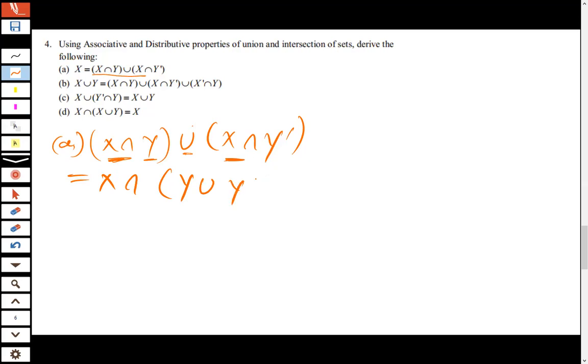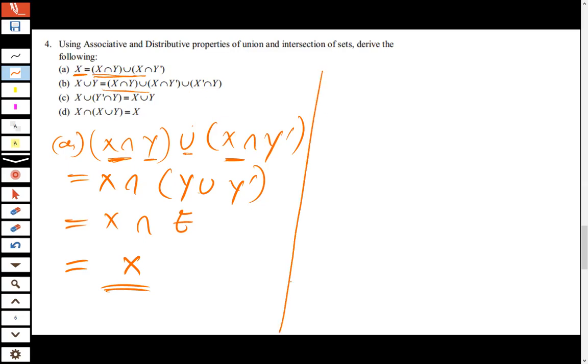So we write X intersection, Y union Y complement. Remember I said it's a universal set. So X intersection universal set will just give us X, meaning we have proved that this part is equal to X.